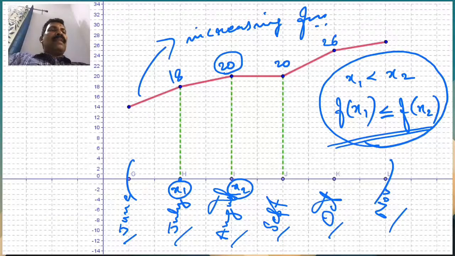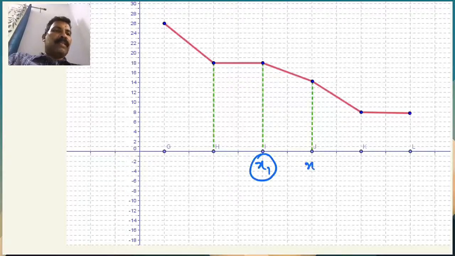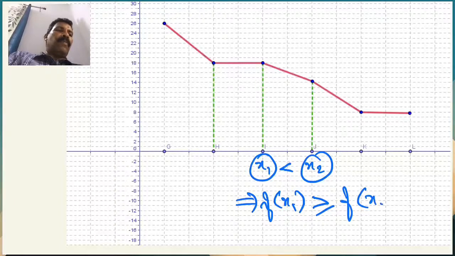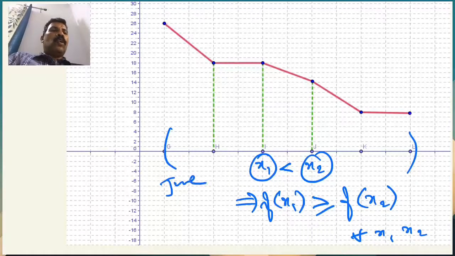Then, on the other hand, if the performance of the student is like this, here you can see if we take any two months like this, x1, x2, again x1 is less than x2, but it implies the performance, that is f of x1, is greater than or equal to f of x2, for all x1, x2 in the interval, say right from June to November.